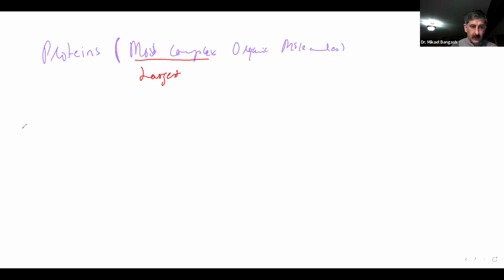Now, simply, if you take any type of protein, what is this protein going to be made up of? It's going to be made up of molecules themselves known as amino acids.